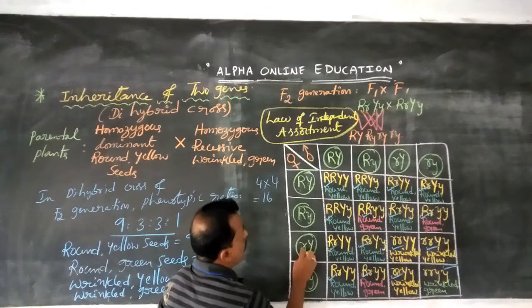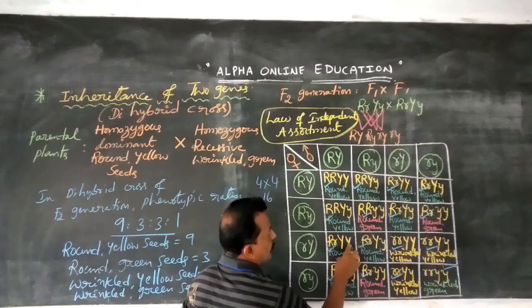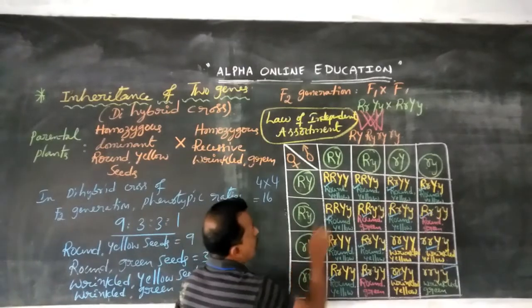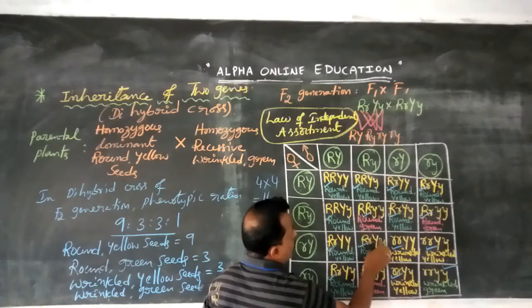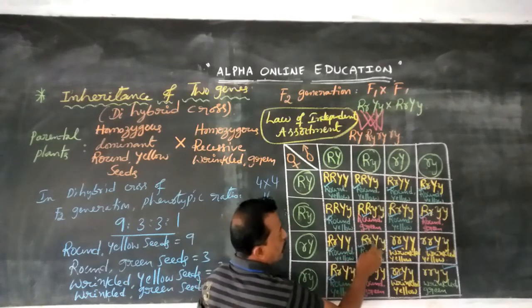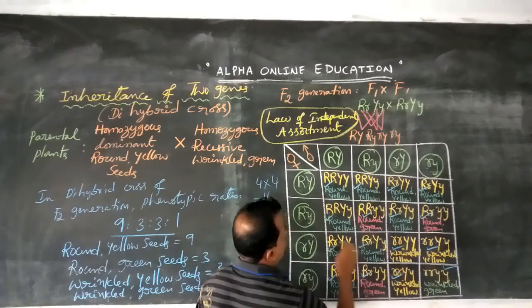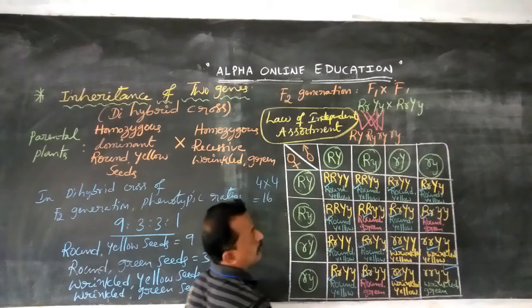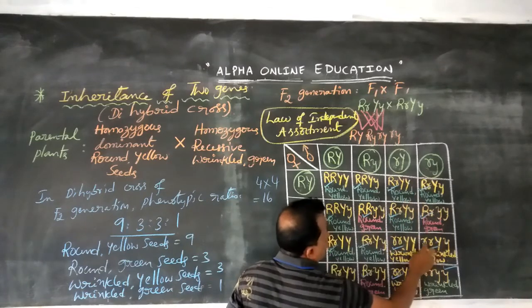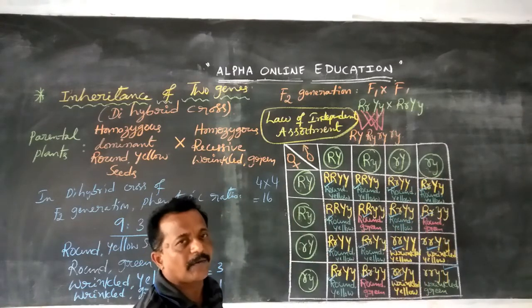Next, the third row. Small r crosses with capital R, and capital Y crosses with capital Y, so the genotype is RrYY. Next, small r crosses with capital R, and capital Y crosses with small y, so the genotype is RrYy. Next, small r crosses with small r, and capital Y crosses with capital Y, so the genotype is rrYY. Next, small r crosses with small r, and capital Y crosses with small y, so the genotype is rrYy.